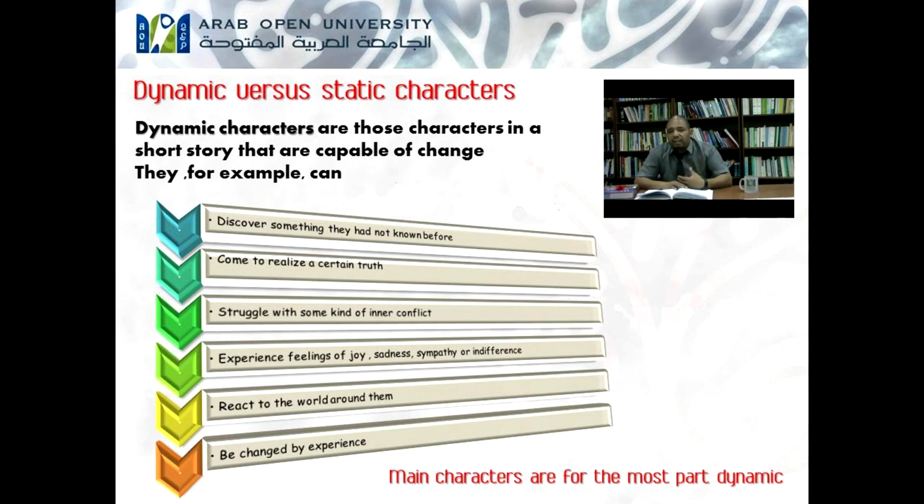This is the internal struggle that defines the character of Jimmy, and of course he opts for handing his friend over to the police. This makes of him again a dynamic character.